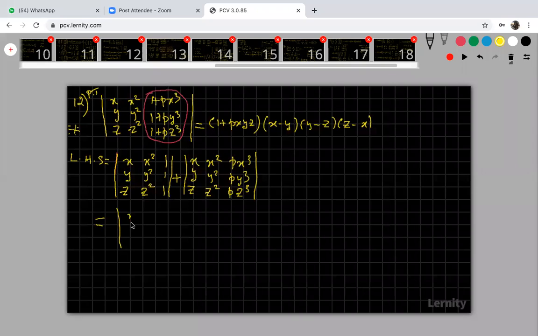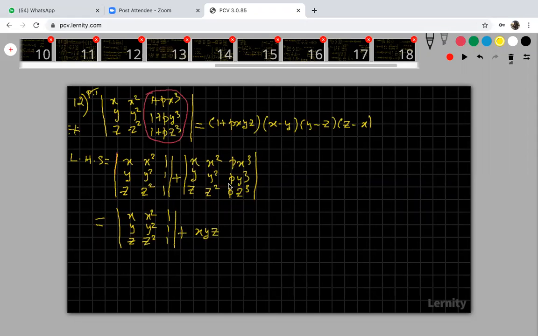So now look at that. I'm taking the first determinant as it is, x square, y square, z square, 1, 1, 1, plus. Here, in the first row I have x common, in the second row y common, in the third row z common. Take them outside: x, y, z in the first, second, third row respectively.